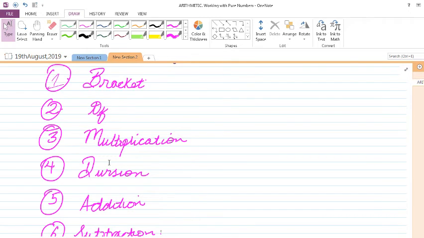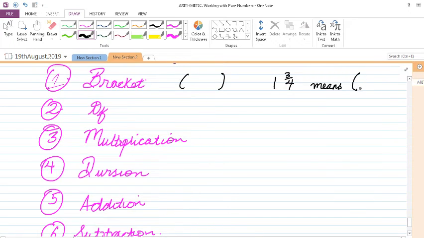I need to mention to you again that brackets simply tell us what ought to be done first. And there are some implicit brackets in the problem. If you see a mixed number written, 1 3/4, this actually means a bracket of 1 plus 3/4.